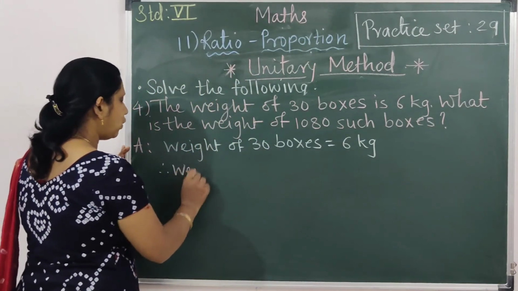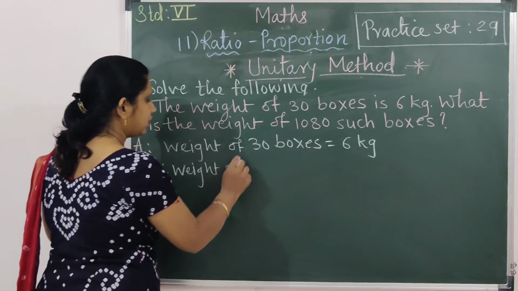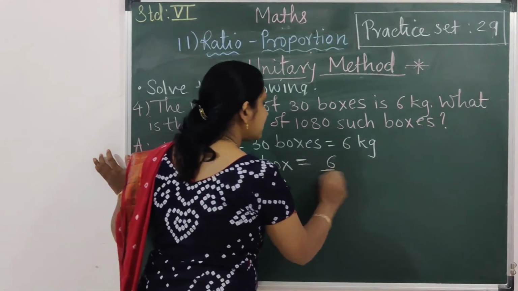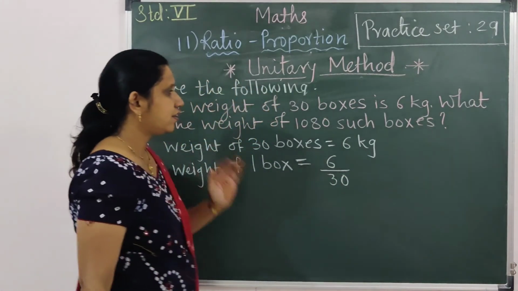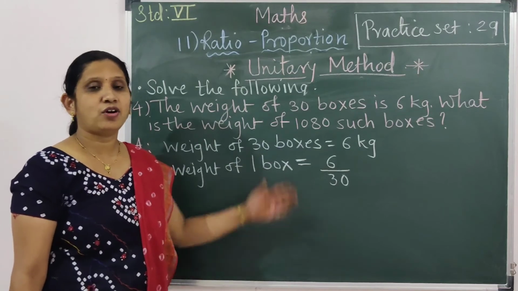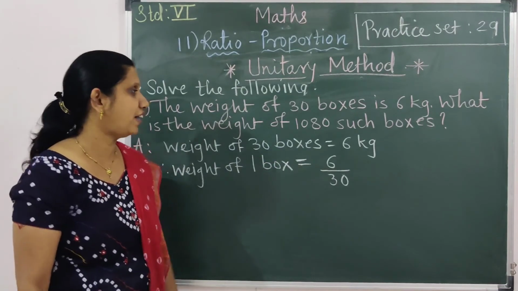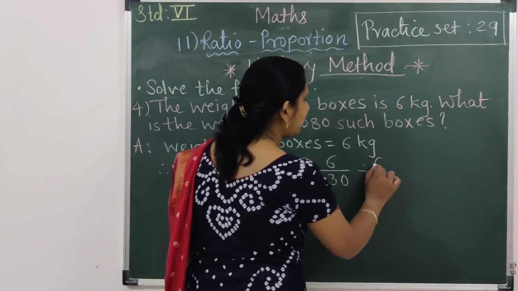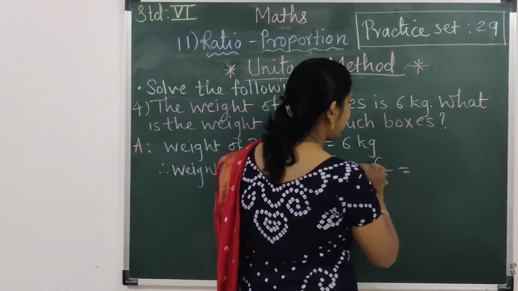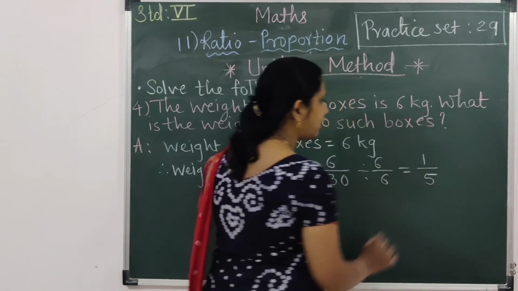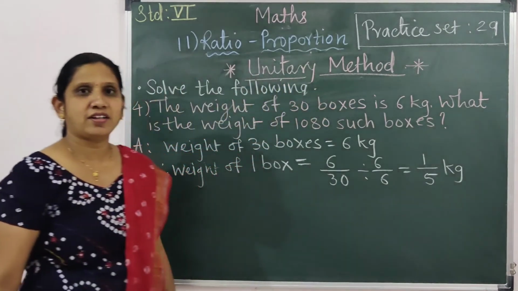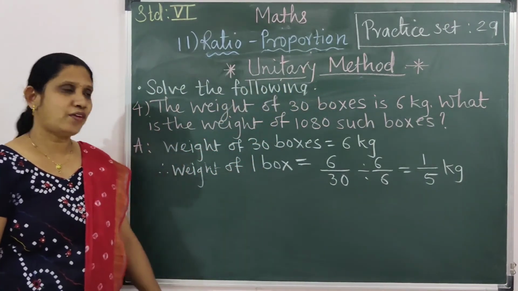Therefore, weight of one box is equals to 6 divided by 30. Children, of course, your doubt is very correct. You are going to get the answer here in a fraction. Divide the numerator as well as the denominator by 6. So your answer will be 6 ones are 6, 6 fives are 30. 1 upon 5 kg. Doesn't matter if it comes in a fraction.